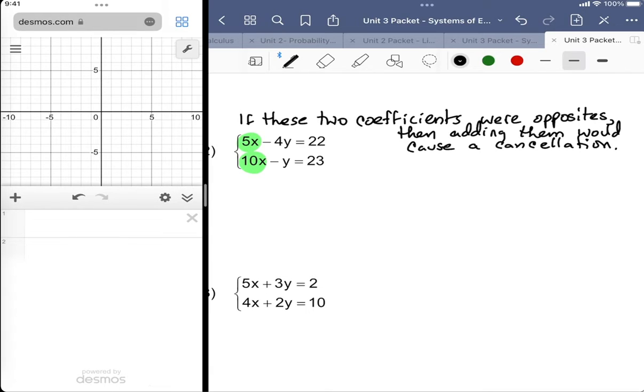So that would be the ideal situation. Well, they're not opposites of one another. 5 is not opposite of 10. All right. But if I think about properties of equality, maybe I could multiply that 5 by something to make it the opposite of 10.